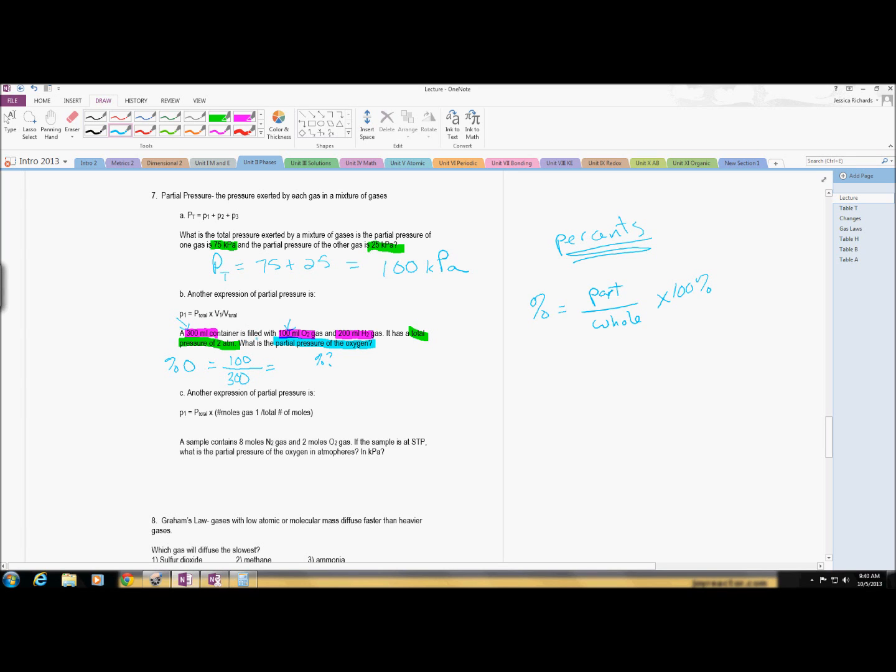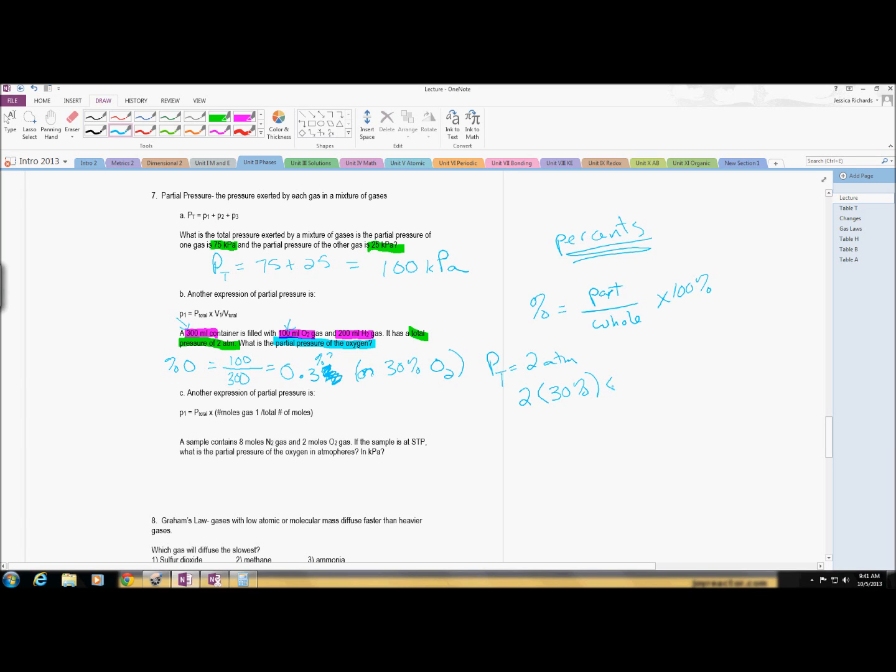So we have 0.3, or 30% oxygen. If your total pressure is 2 atmospheres, I take that 2 atmospheres and multiply it by 30%.